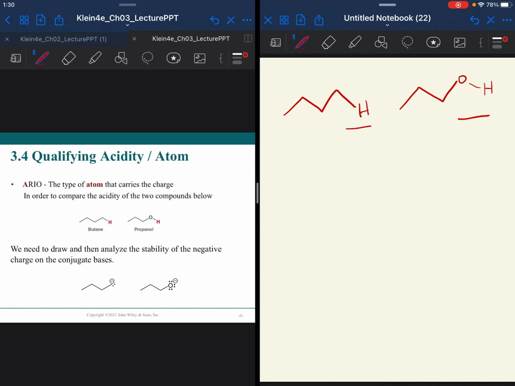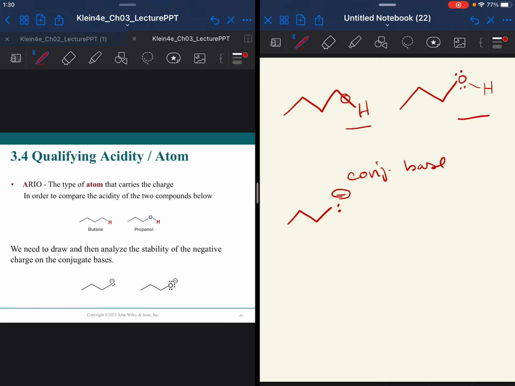These are the acids. Which one is stronger? Well, draw the conjugate base. We take away the proton. They're both neutral. So this pair of electrons that's represented by that bond stays with the carbon. It was neutral. Now it is a negative charge.